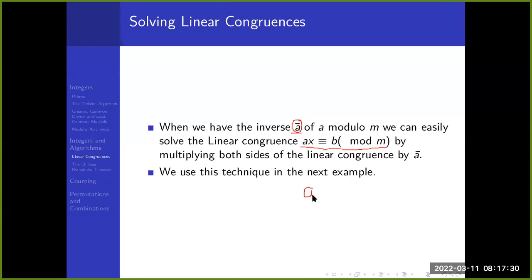If I have AX congruent to B mod M, and I know the inverse of A modulo M, and we know the inverse will exist if the GCD of A and M is equal to 1, what I simply do is multiply both sides by the inverse of A modulo M.